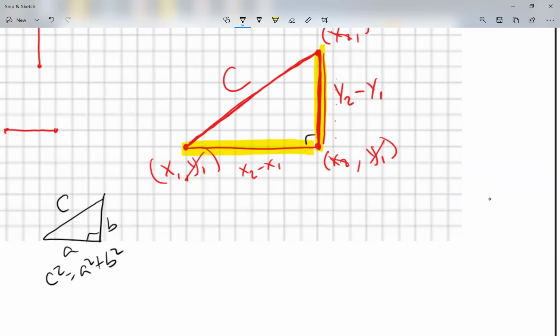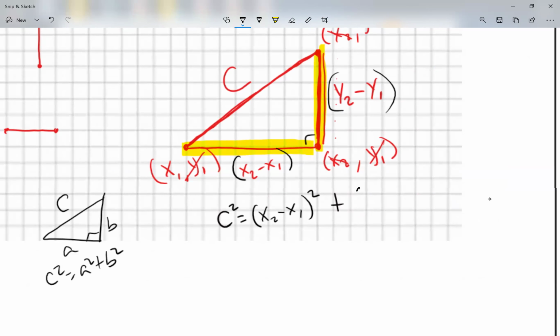I'm gonna write C squared is equal to this whole thing, x2 minus x1 all squared plus this whole thing right here, y2 minus y1 all squared. I remember that from c squared equals a squared plus b squared.